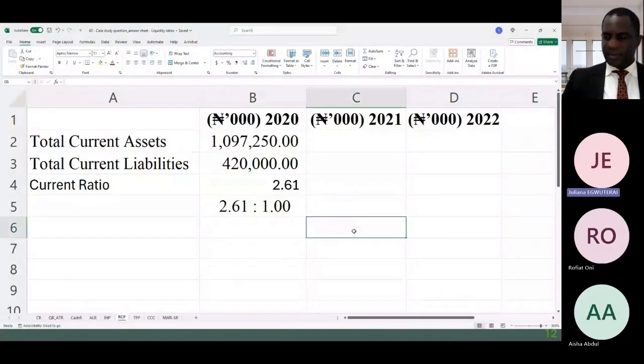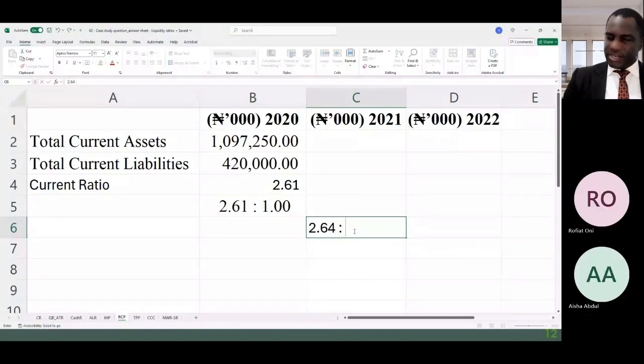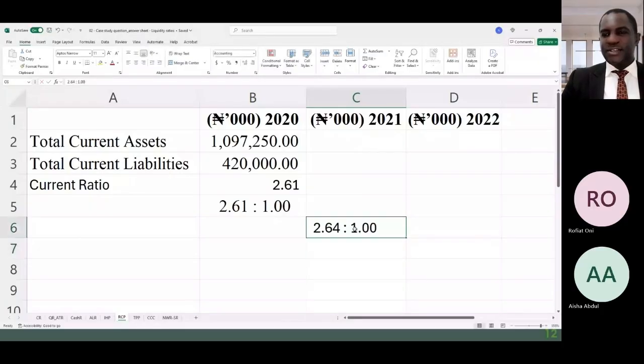Can you hear me? I'm just hearing you now, and you're breaking, but I had 2.64 to 1. Is that what you have? All right, Rufi, what do you have? I had Julie say 2.64 before her network went off.